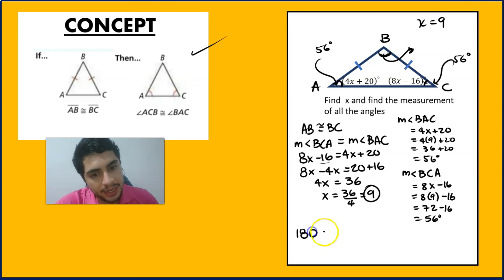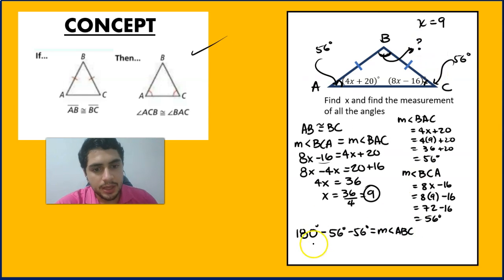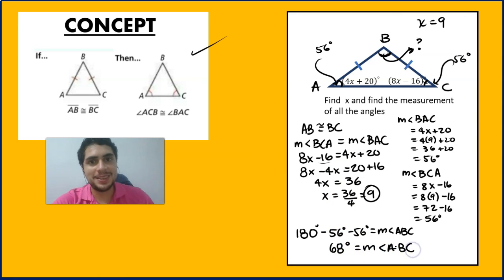So 180 minus 56 degrees minus 56 degrees is going to give us the measurement of angle ABC, which is the one we're finding right here. So 180 minus 112 is going to give us an answer of 68 degrees. And that is going to be the measurement of ABC.